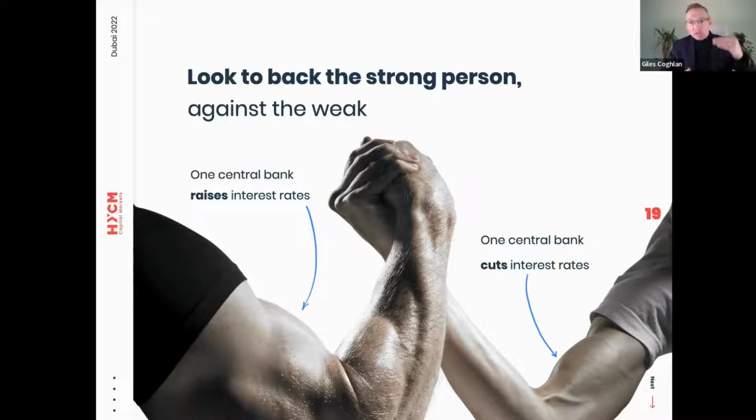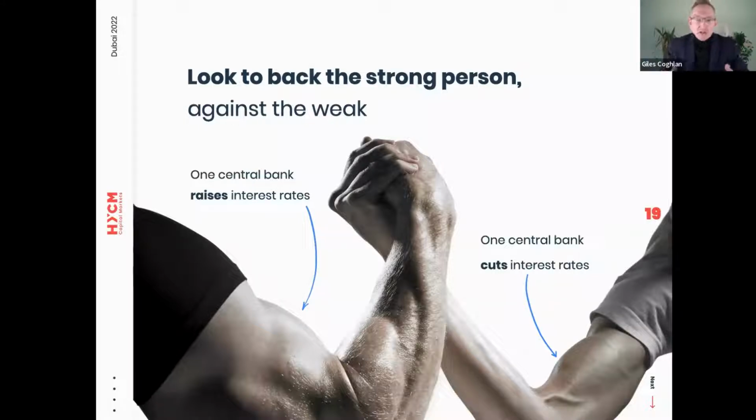So when the interest rate rises in a normal functioning market, that country's currency rises too. When a central bank cuts its interest rate, it means that the interest rates are less advantageous, and so there's outflows of currency from that economy. So rising interest rates, a rising currency; falling interest rates, a falling currency.